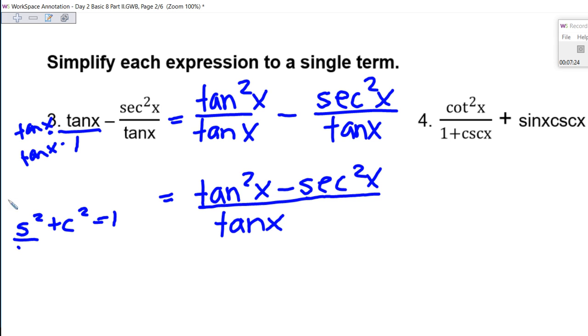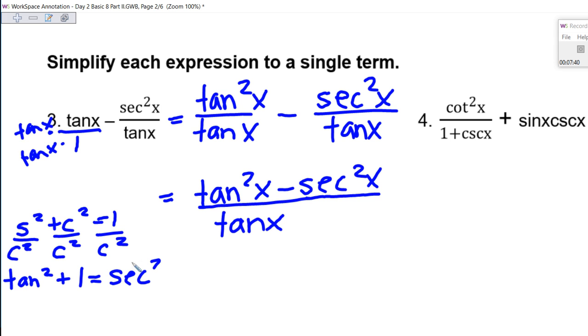Cosine squared. So sine squared divided by cosine squared would be tangent squared. Cosine squared divided by cosine squared is 1. And 1 over cosine squared is secant squared.